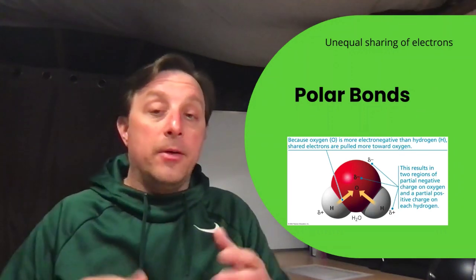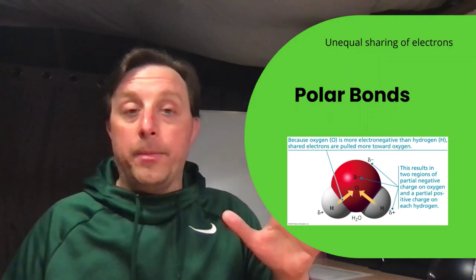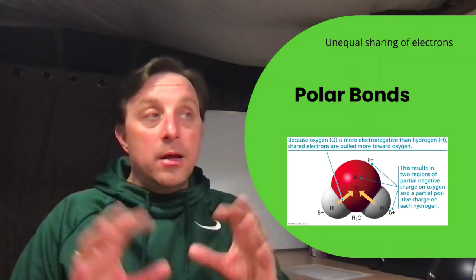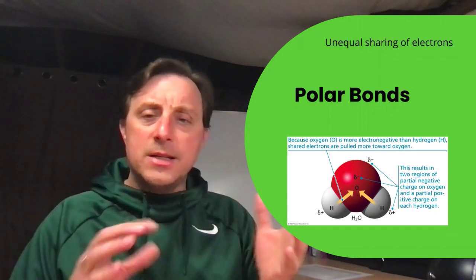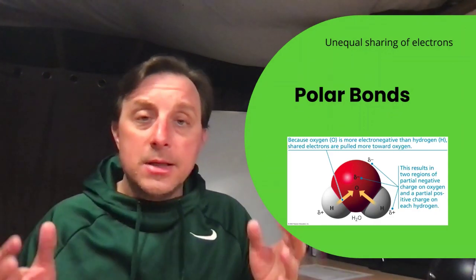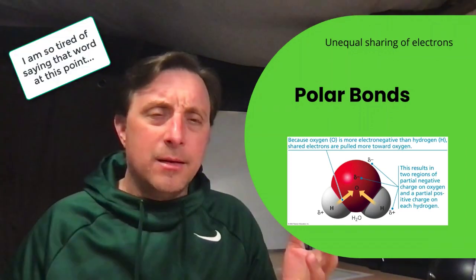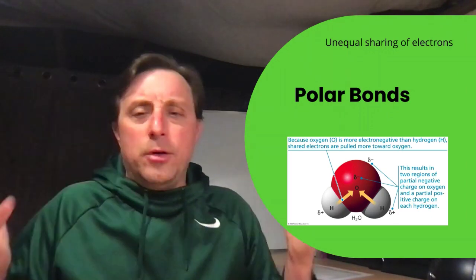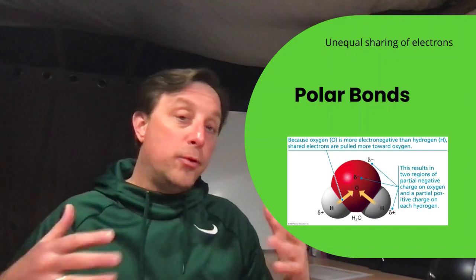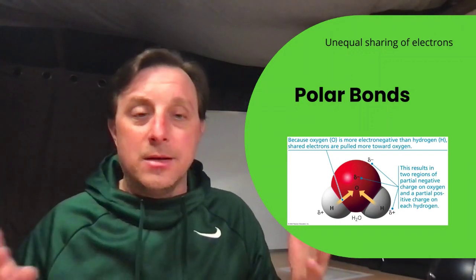The other type of covalent bond are polar bonds, and this is where the atoms have an intermediate difference in electronegativities. You can probably look up tables to find exact values for the differences. I don't see that as being terribly important.